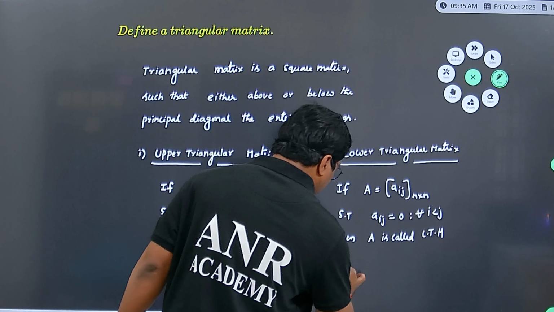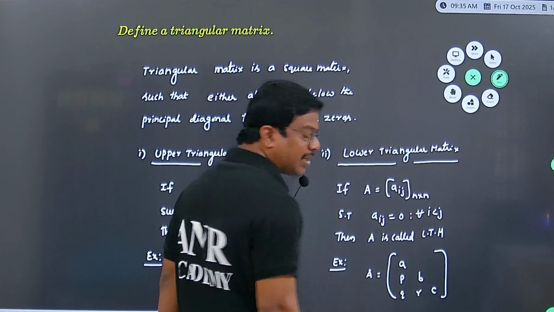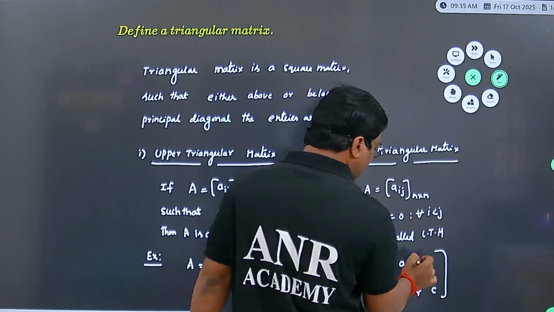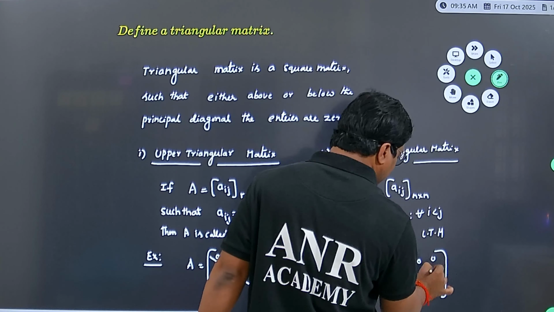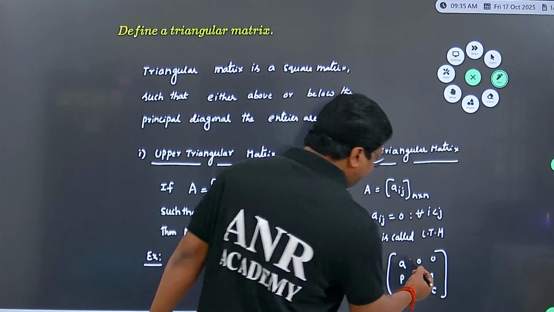Suppose a 3 cross 3 matrix if I choose, principal diagonal entries a, b, c, and suppose below the principal diagonal the entries are p, q, r. It is a must that above the principal diagonal the entries are zeros.